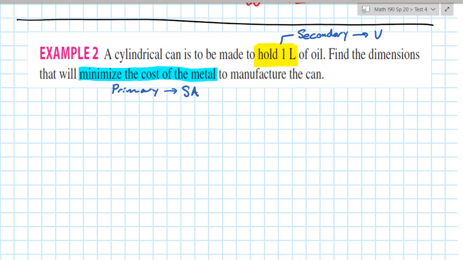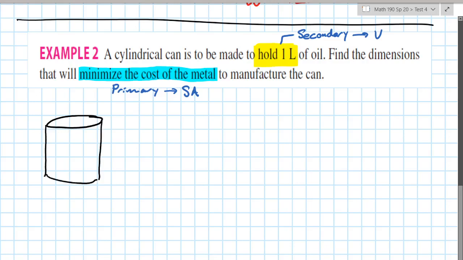So we'll read it again. We'll draw a picture. A cylindrical can. So we need a cylinder. A cylinder has a radius and a height. A cylindrical can is to be made to hold 1 liter of oil.